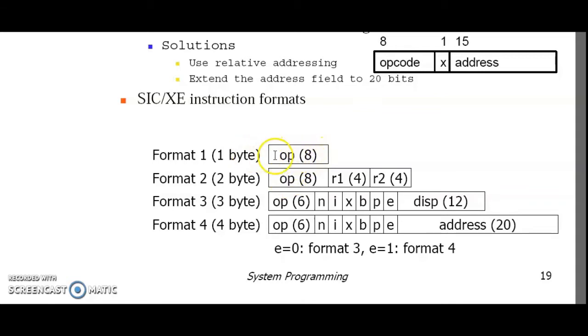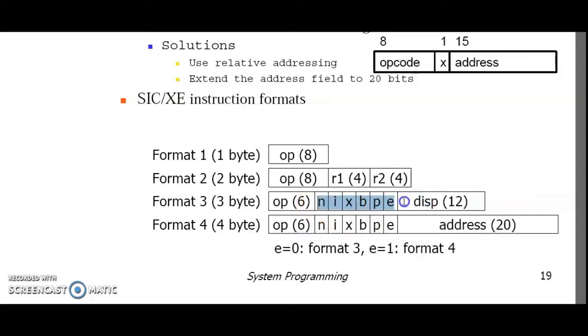The 1 byte instruction is an opcode alone, the 2 byte instruction is an opcode with registers R1 and R2, and the 3 byte instruction has an opcode, some bits used for representing the target address with the help of the addressing modes, and a displacement field in order to compute the target address.